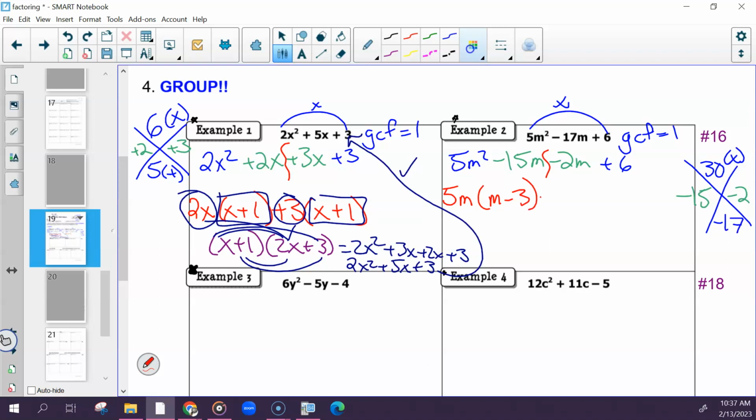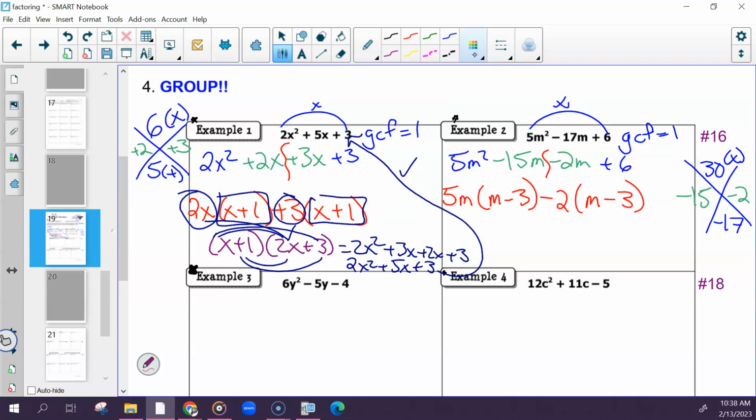Bring down this negative. What did those two have in common? So if we are dividing both by a negative 2, be careful with your signs, what would be left? m minus 3.